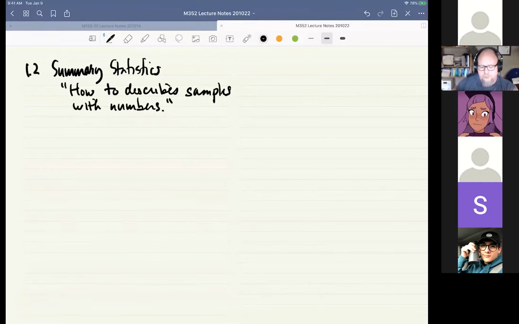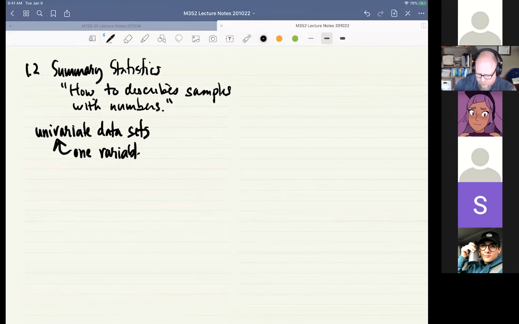What we're going to do is talk about ways that we can take a sample of measurements. I'm going to call these univariate data sets. There's only one variable that we're measuring, so we're just going to have one set of numbers. It's going to be one vector.